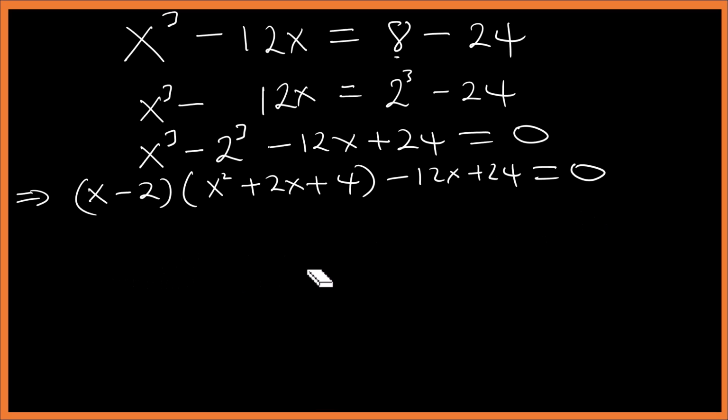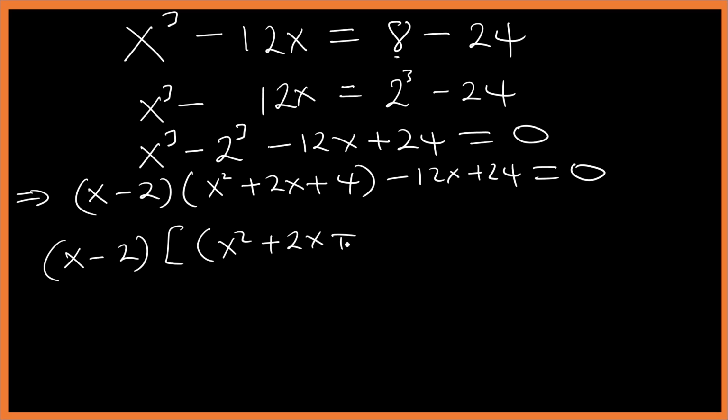All right. Now we can write this one as x minus 2, okay, so we have x squared plus 2x plus 4. And this side we can make it minus 12 out, x minus 2, equals 0.